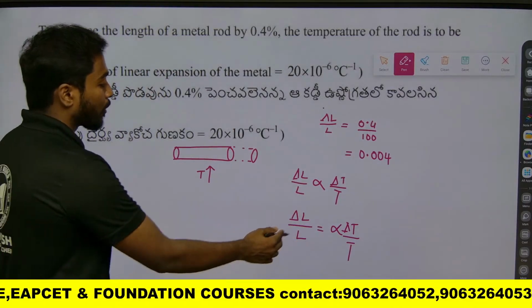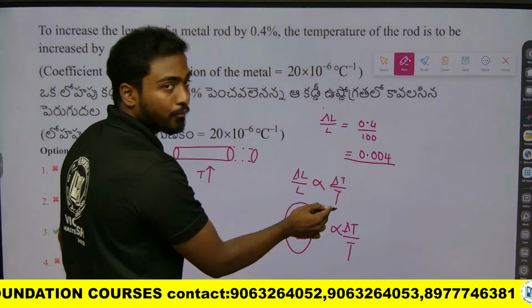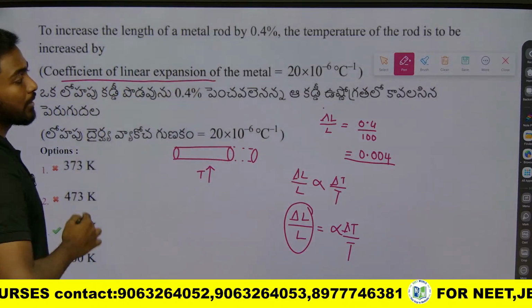Okay. So we are talking about the linear expansion, where we know that delta L by L is 0.004, and the coefficient of linear expansion is given for the metal.